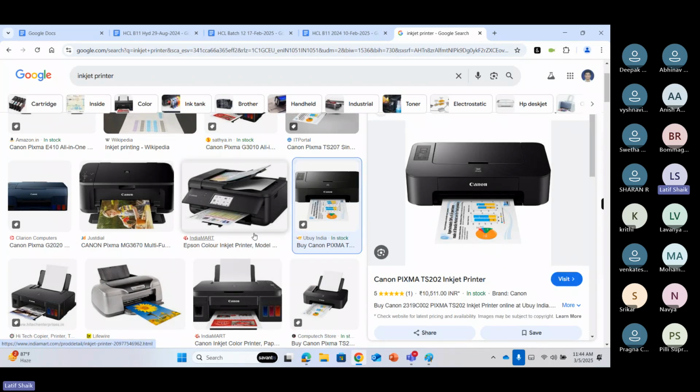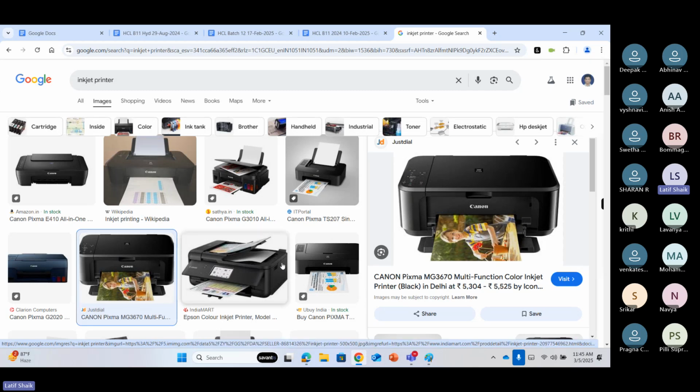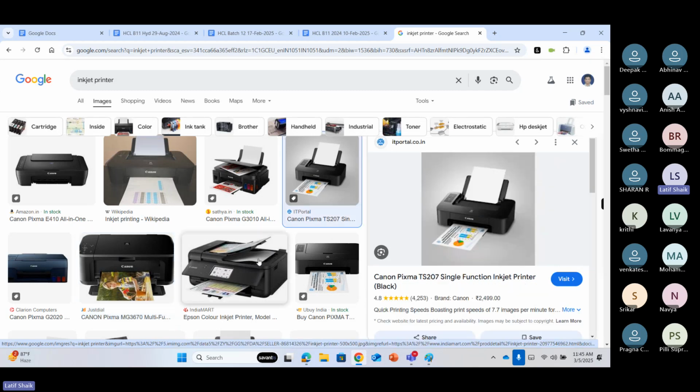For home purposes, it comes cheaper, from 2,500 or 3,000 up to 11,000 or 12,000, depending upon the printer model. We can use it for both home and office purposes. You can get color printers as well as black and white, depending upon what cartridge you are using.